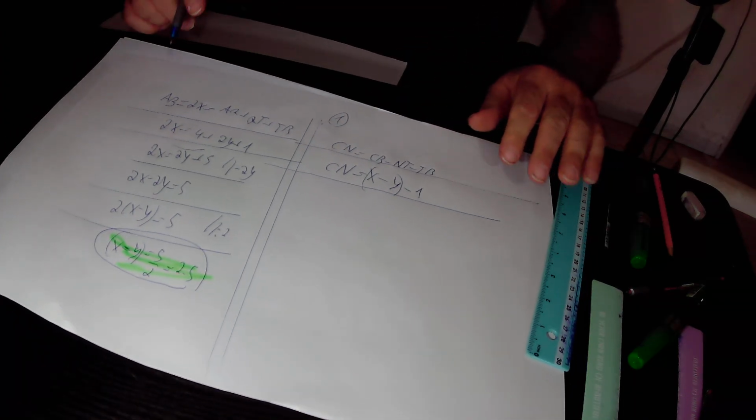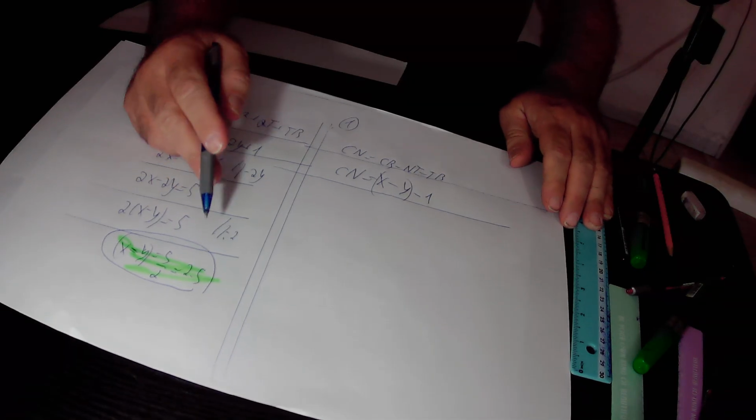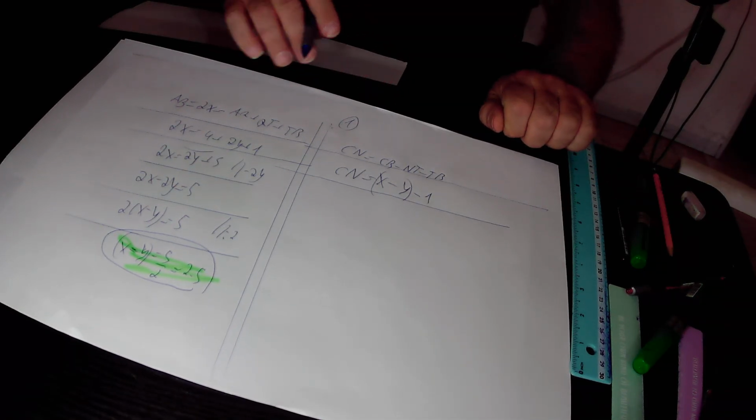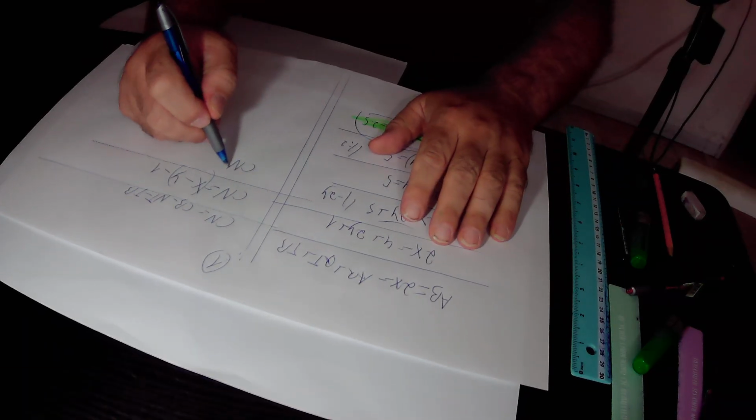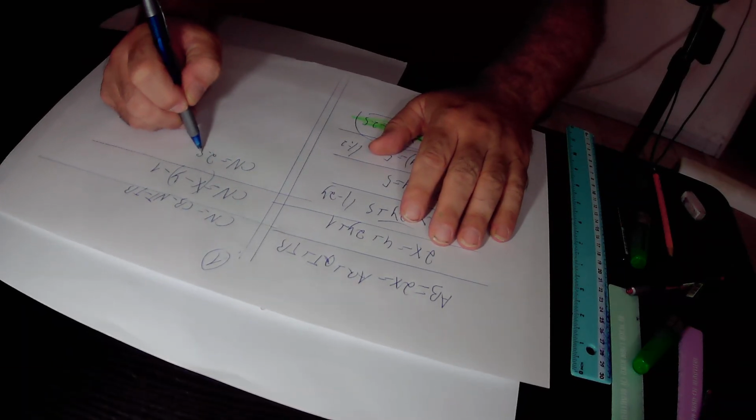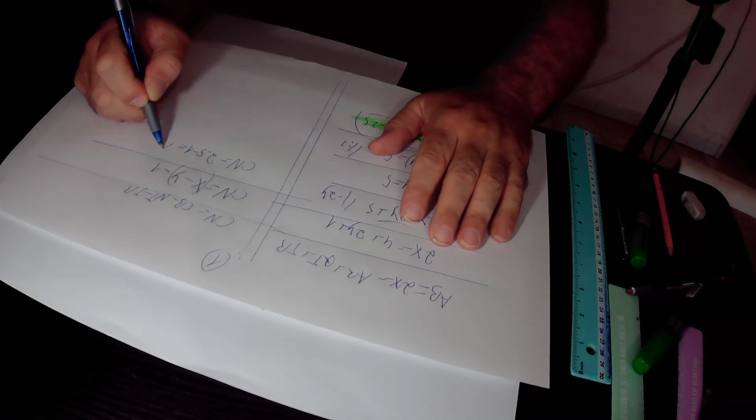We already found out that x minus y equals 2.5, so we can substitute x minus y here by 2.5. When we do it, we get that Cn in total equals 2.5 minus 1, which is 1.5.